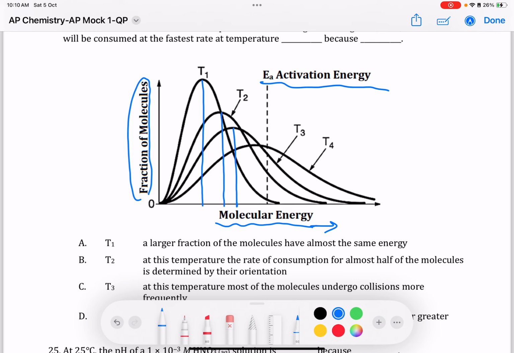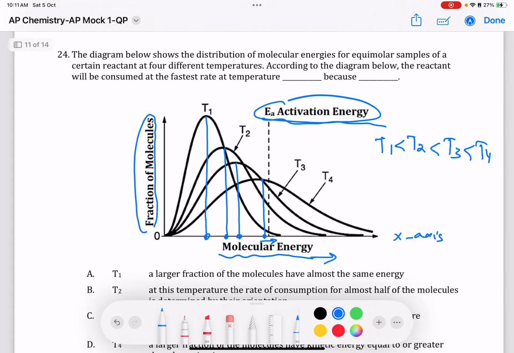Now, for temperature 2, more molecular energy. You look at the x-axis over here. So obviously, T1 is less than T2. Now, obviously, T2 is less than T3. And here, the maximum value is higher, less than T4. Of course, as we increase the temperature, the reaction goes faster and the molecules colliding will be closer to their activation energy.